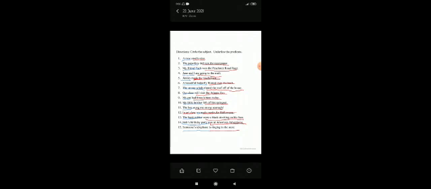A rose smells nice. In that, you have to circle the subject and underline the predicate. As it was difficult for me to circle here, I have used a blue color to underline the subject, and red to underline the predicate. Blue for subject, red for predicate. Here, in the first sentence, a rose is the subject.